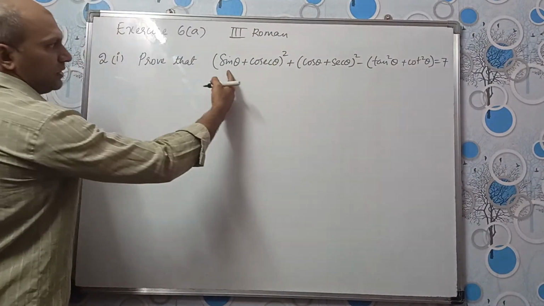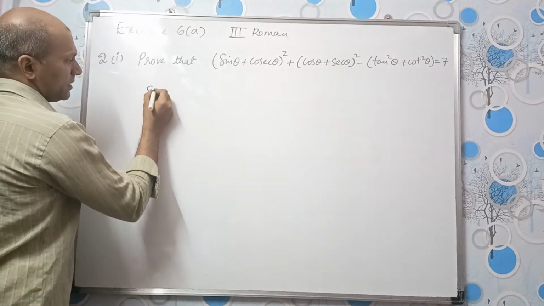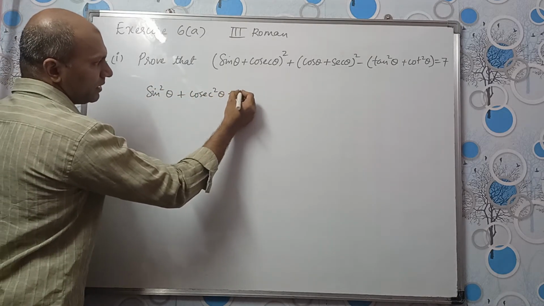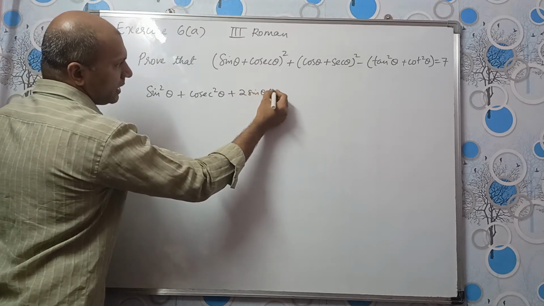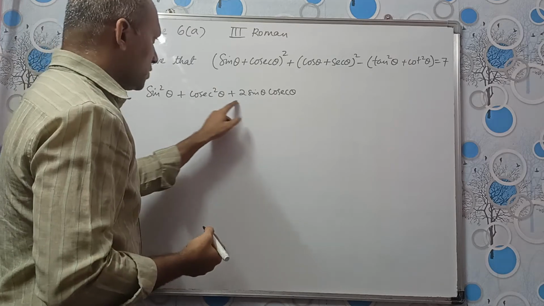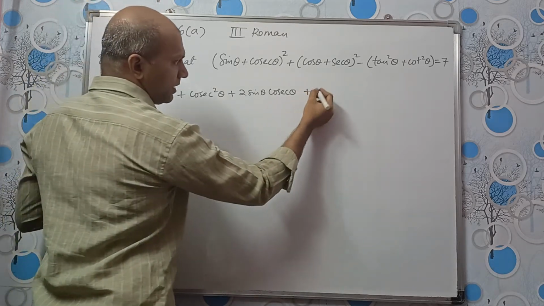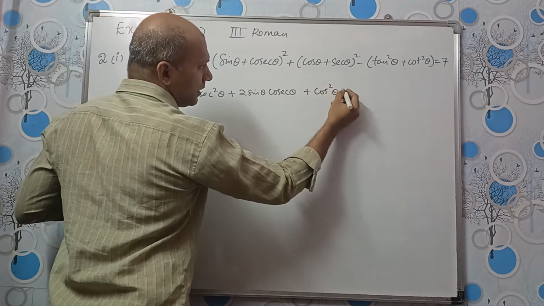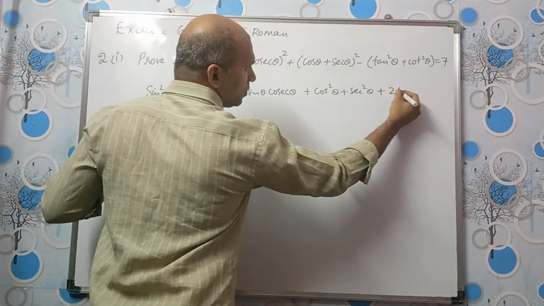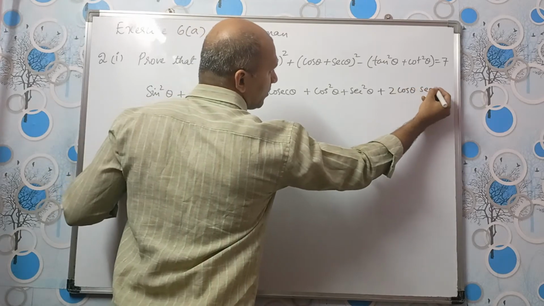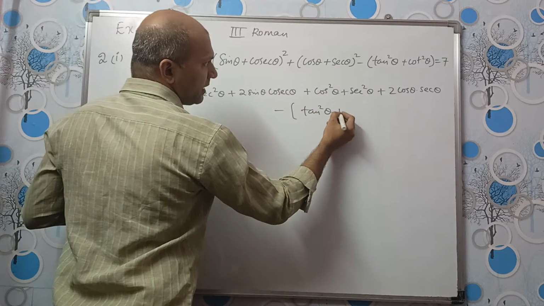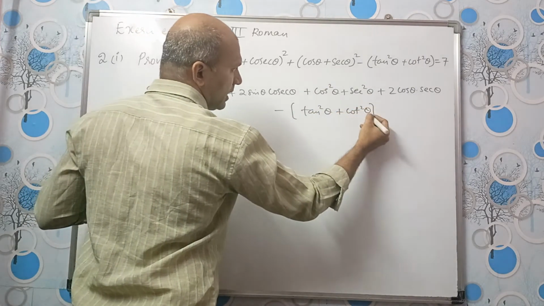So this is (a + b) whole square. Let us expand: a square plus b square plus 2 sin theta cosecant theta, plus the same thing here, a square plus b square plus 2ab, minus, let us write tan square plus cot square as it is.